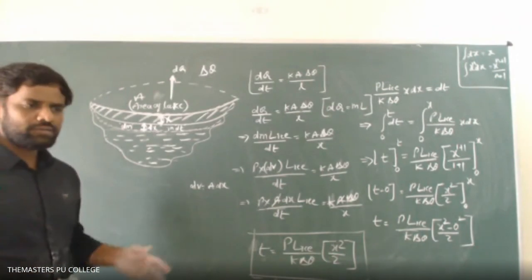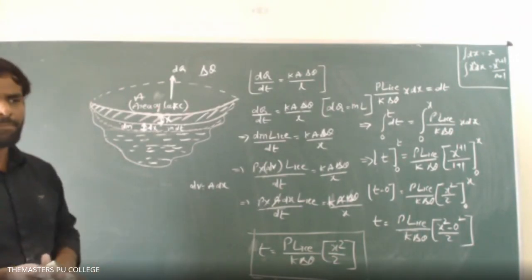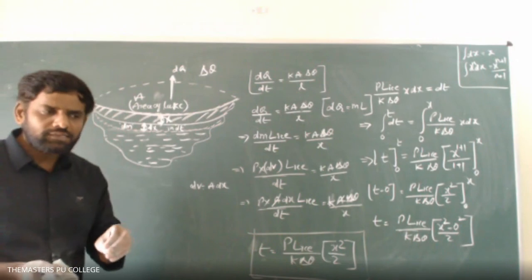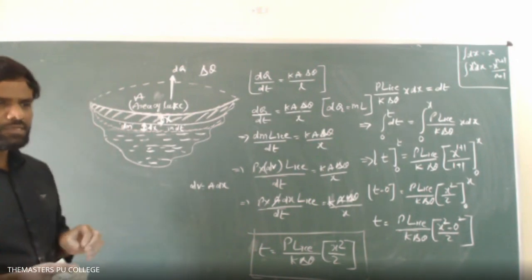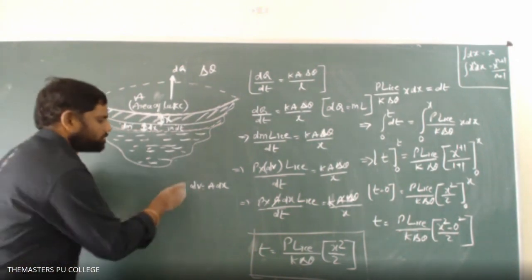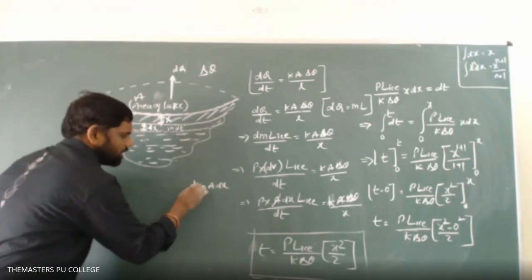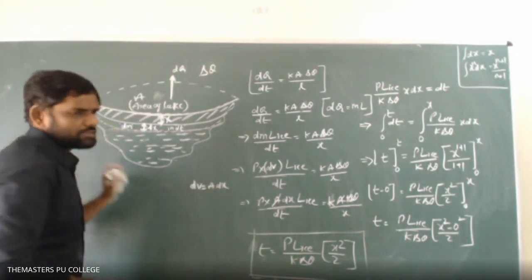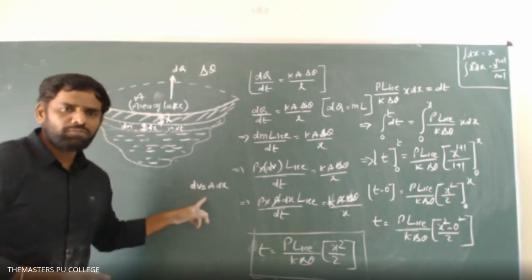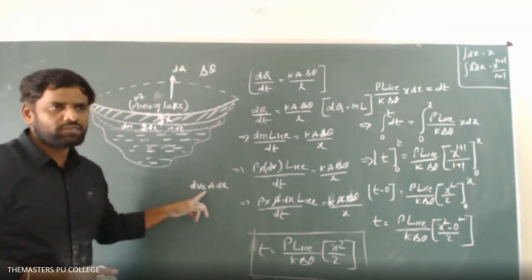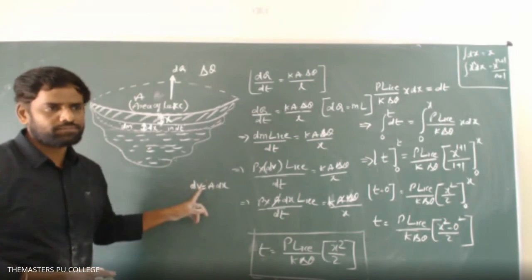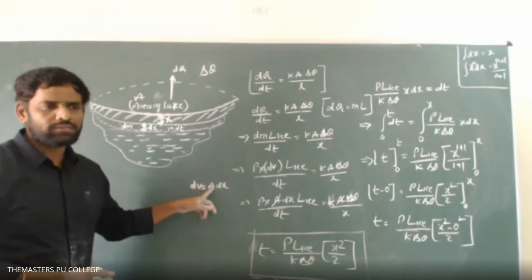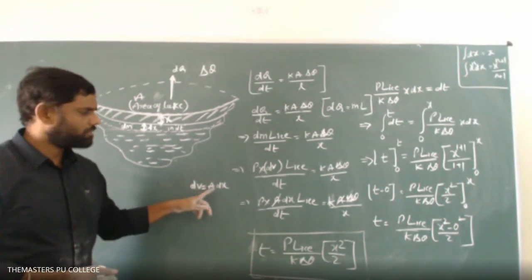Next point: the increase in volume of the ice layer, dV, equals A into dx.